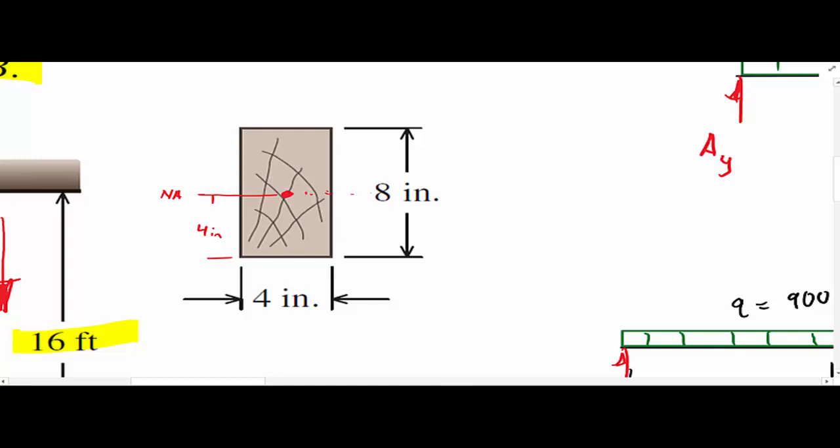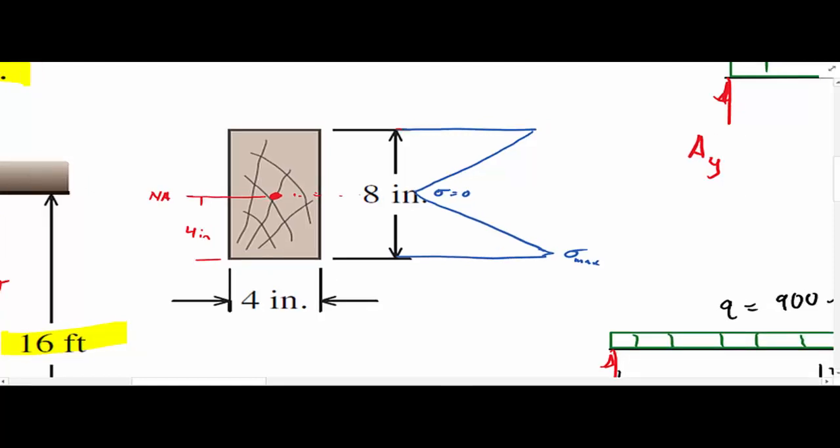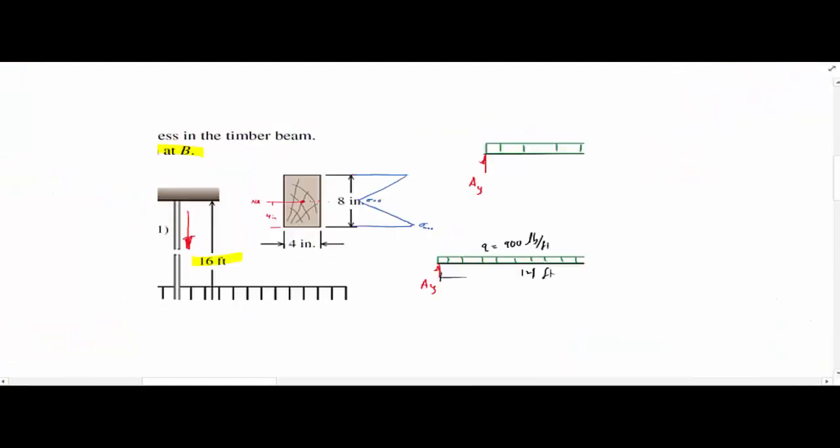We know that if I was to draw a bending stress diagram off of here, we'll have a diagram that looks like this, and this is going to be our maximum values, and it's going to be 0 there at the neutral axis. So that means the y value is going to be from the neutral axis to the outermost edge, which is going to be 4 inches.